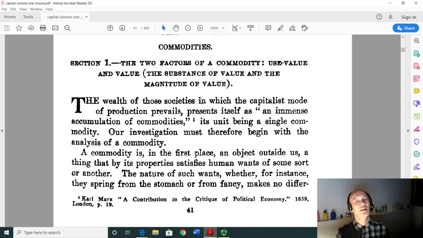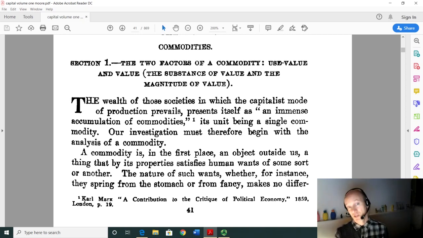So you can get a sense that you could have modern societies in which the capitalist mode of production prevails more or less. There might be differences between such particular societies, but the object of Marx's analysis is those societies in which it does prevail over others, implying that others might also exist there in these societies.